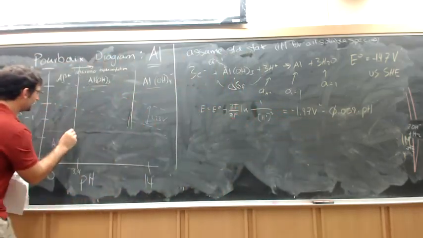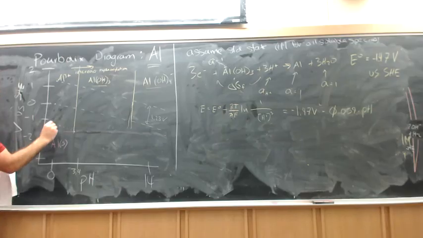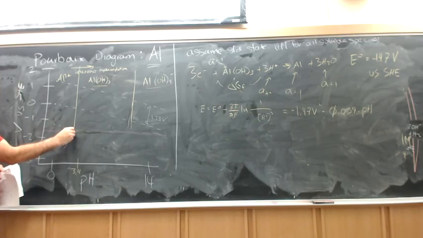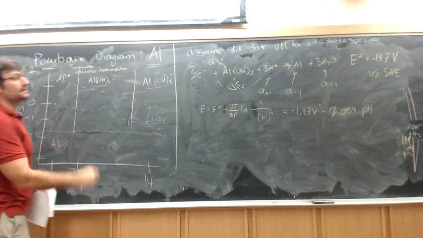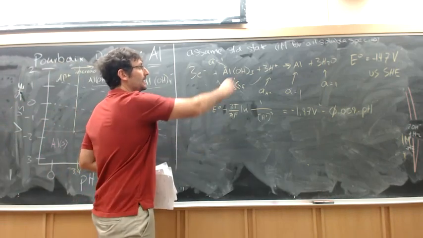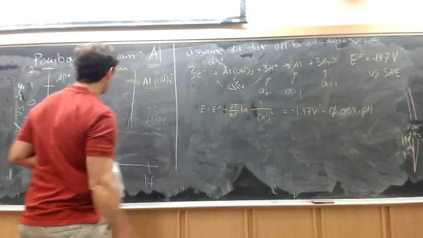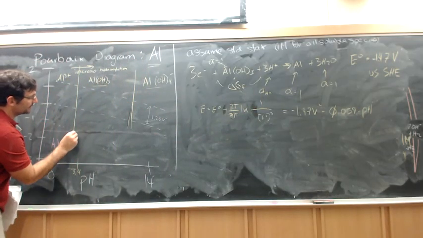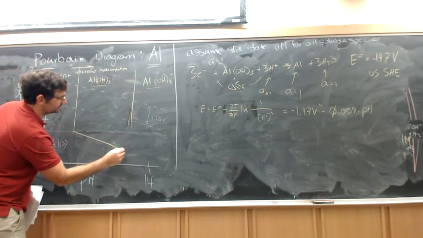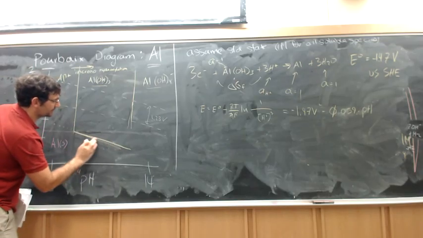Okay, so if I extrapolate it back, this would go to negative 1.47 at pH 0, but I know it has to go through that point because of the thermodynamics of the situation. And we know the slope. The slope's the same as the hydrogen evolution reaction.